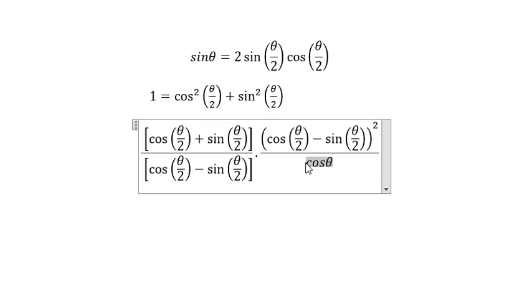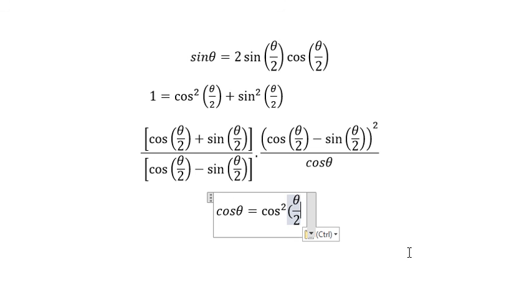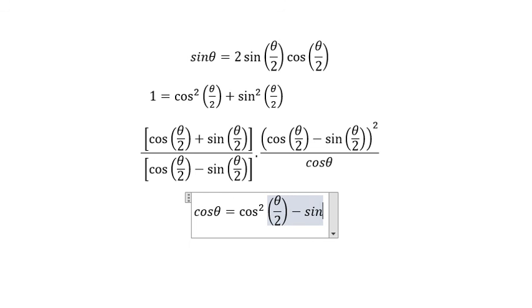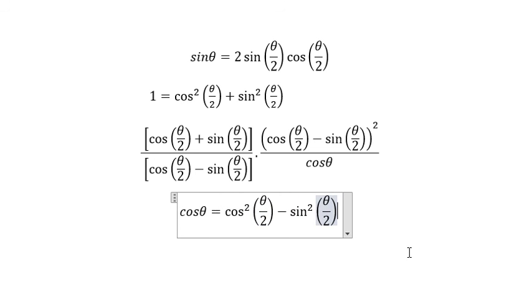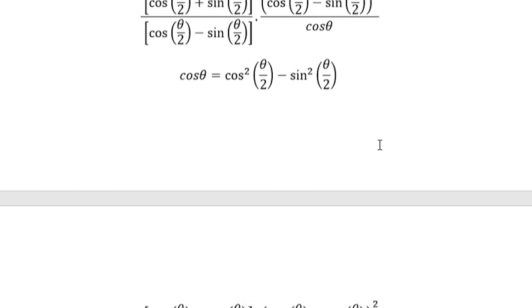Next, about cosine theta, we have the formula: cosine theta over 2 to the power of 2 minus sine theta over 2 to the power of 2. We change for this formula again.